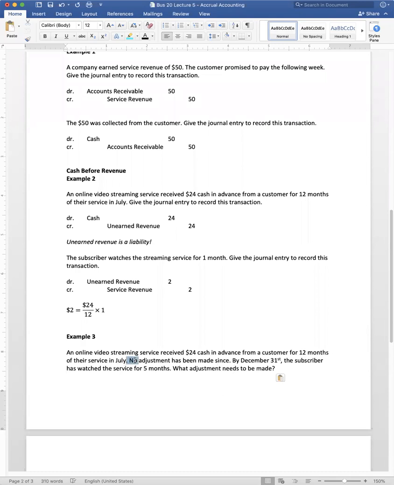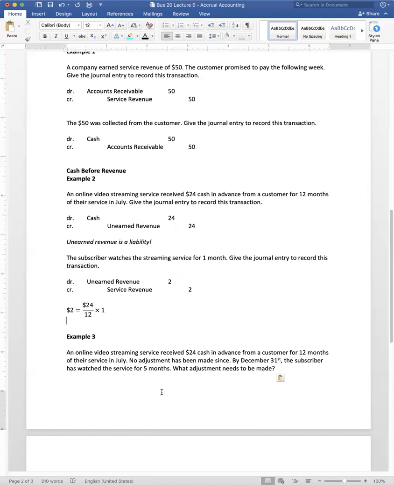So what this means is that they've been skipping this journal entry. No adjustment means they haven't been doing these journal entries to update anything. They did this entry back when the cash was received, but since then they've done nothing. By December 31st, the subscriber has watched the service for 5 months. What adjustment needs to be made?